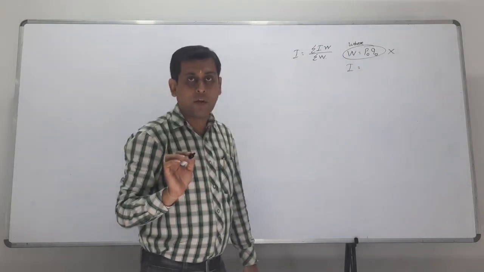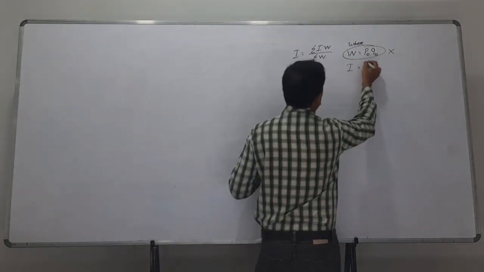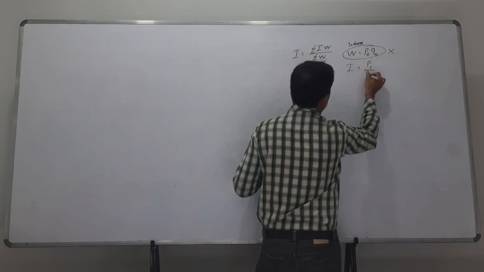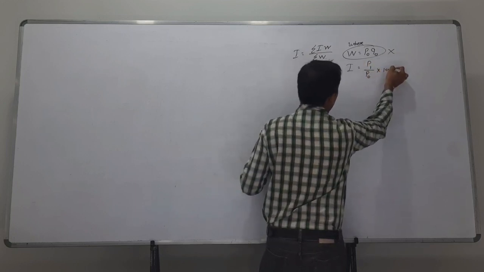Now what is I? If I is also not given, what do we have to do? P1 upon P0 into 100.